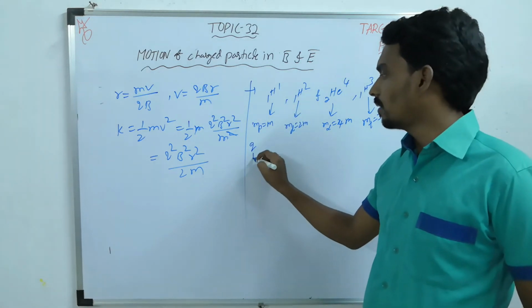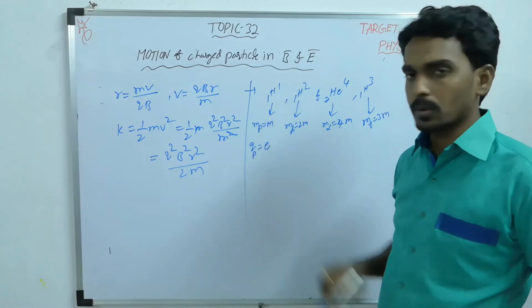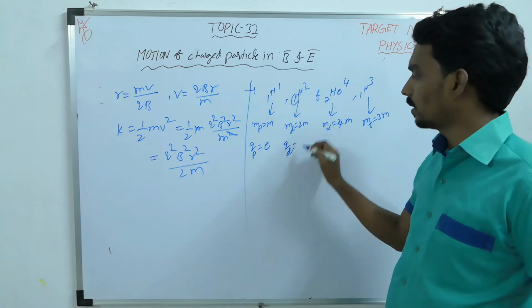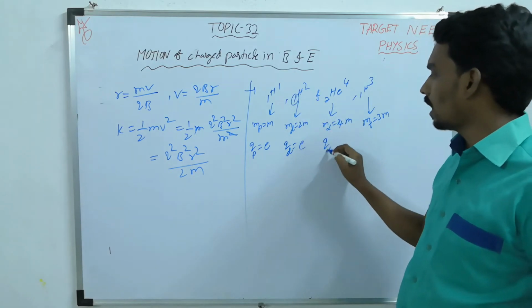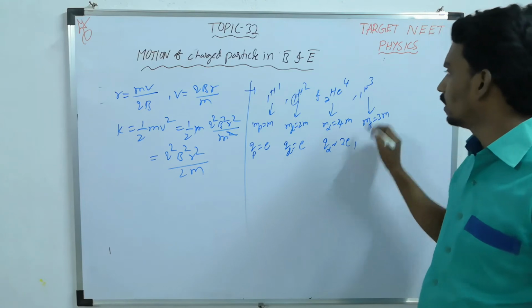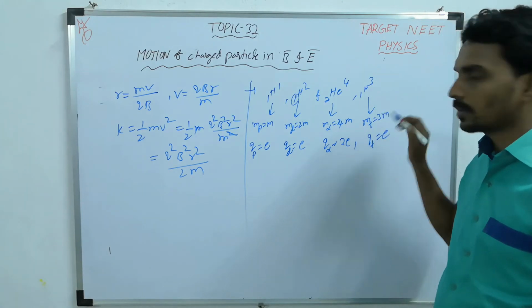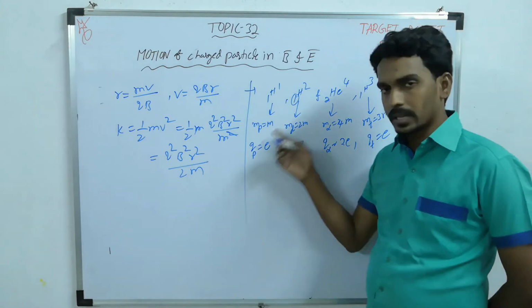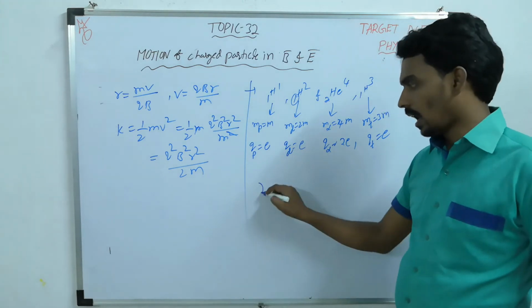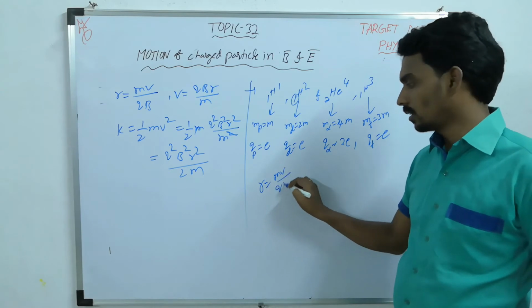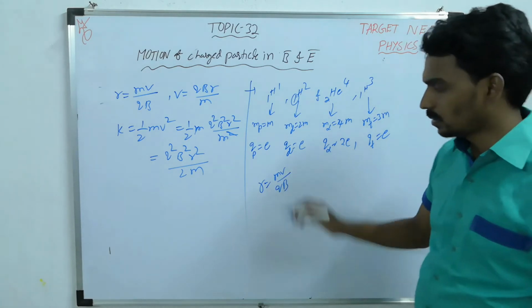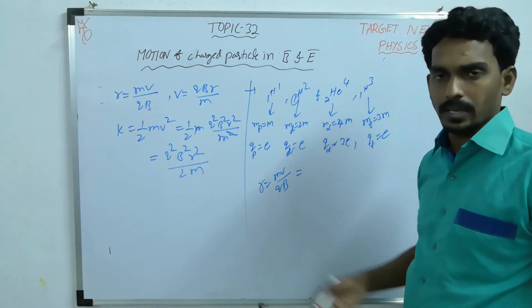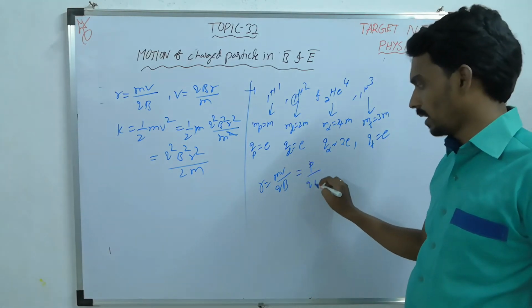The charge of proton is e, the charge of deuteron is also 1 e, the charge of alpha is 2 e, and the charge of tritium is also e. Then they will ask who will perform the greater path, meaning r equals mv by qB. They can ask you a comparison, or sometimes they will mention that momentum is the same, then p by qB.